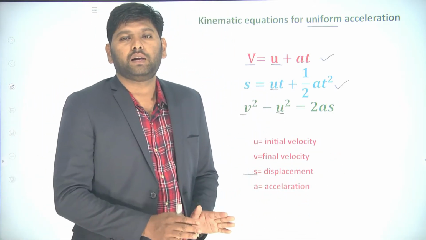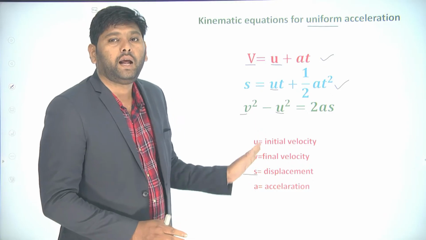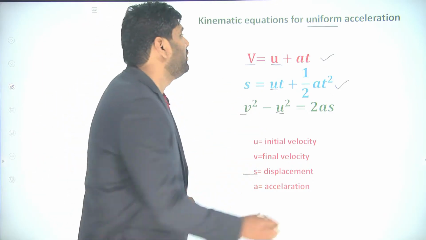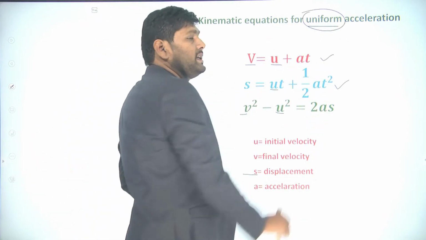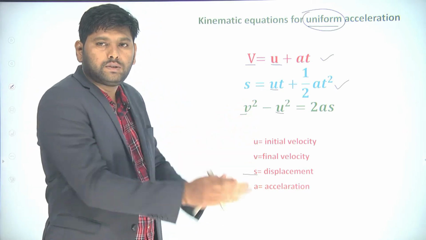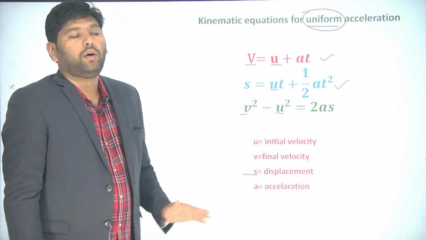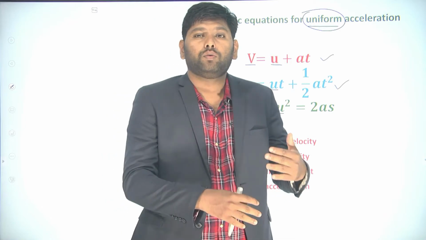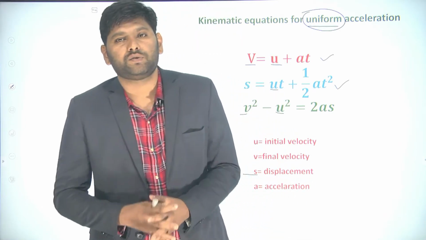These are the terminology for these equations of motion, and these equations are valid only when acceleration is constant. Now students, let's see how these equations change for different situations.